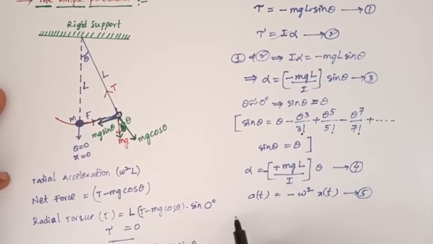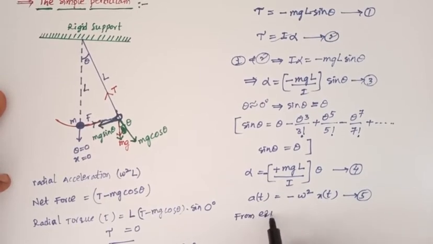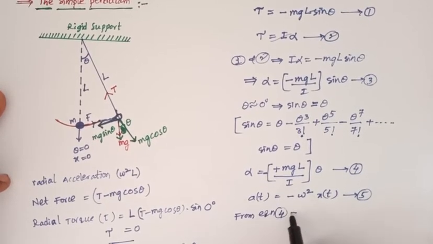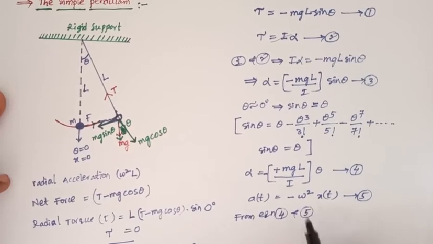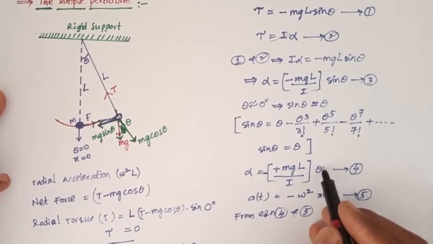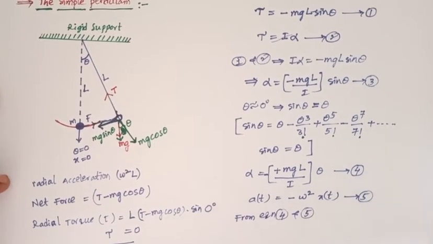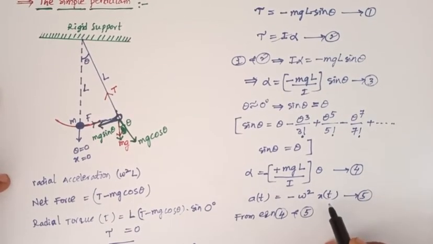From equation number 4 and equation number 5, one is angular displacement and the other is linear displacement; both are displacements for simple harmonic motion.